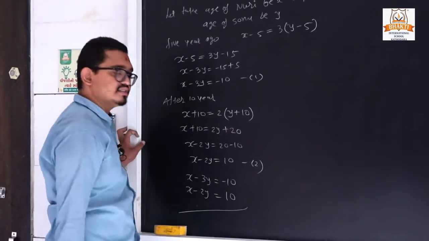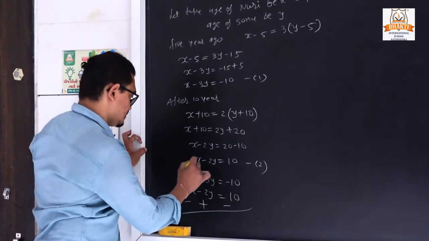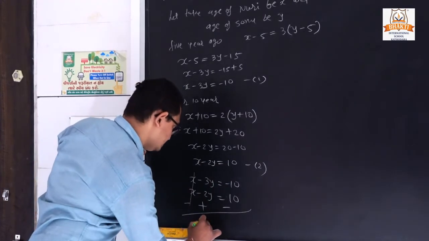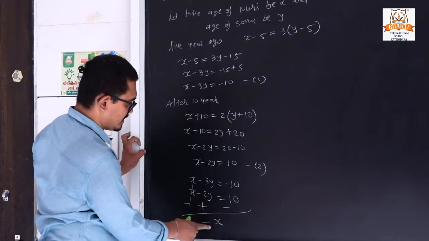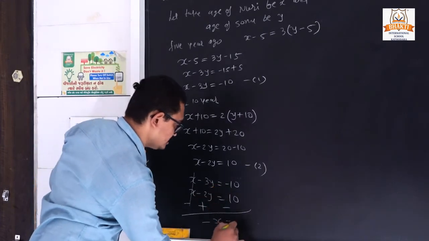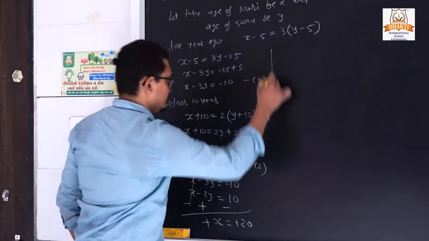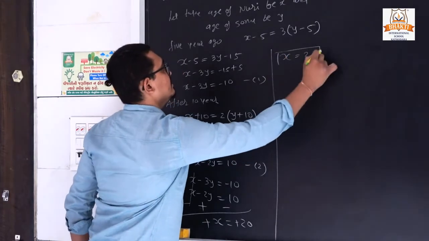Now simplify this, so minus becomes plus and minus, so these both are cut, x minus x, minus 3y plus 2y, so minus y, and minus 10 minus 10 is minus 20, once again this becomes plus, so y is equal to 20.